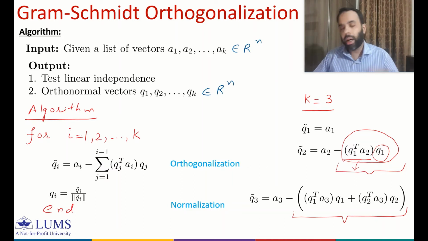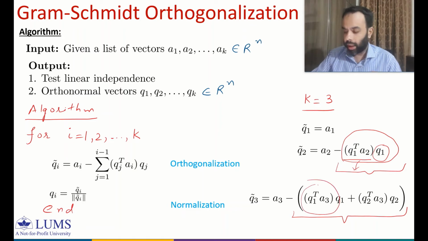So A3 has three components: the first along Q1, the second along Q2, and the third along Q3, which we want to determine. We first find the component along Q1, given by this term, and the second component of A3, along Q2, is given by this component.